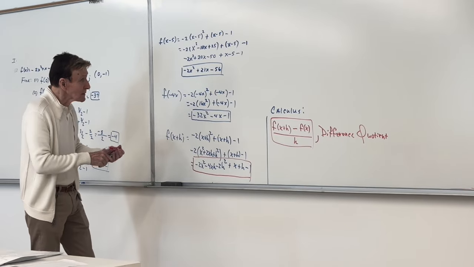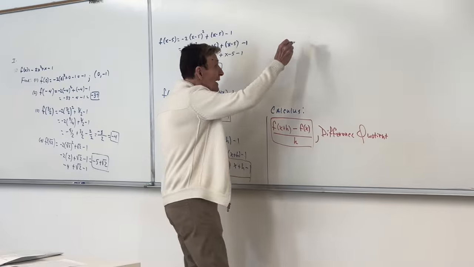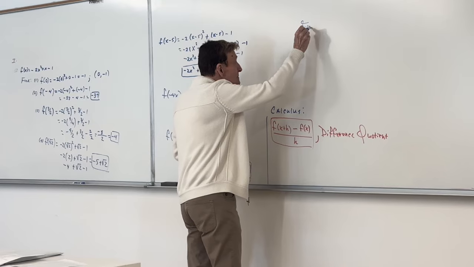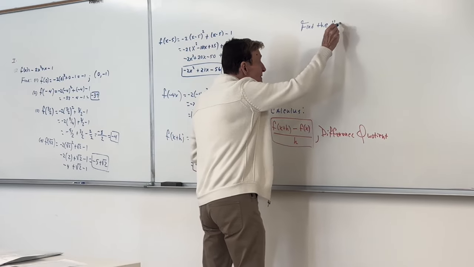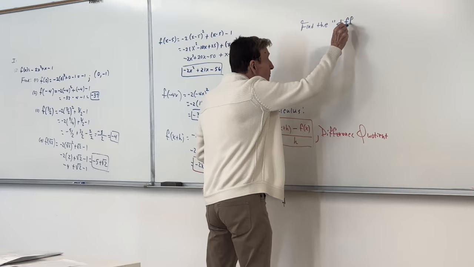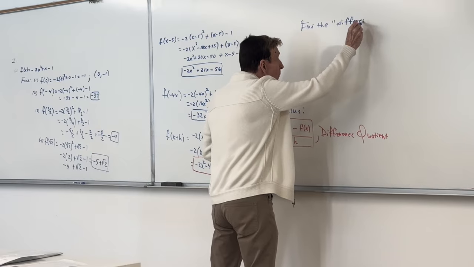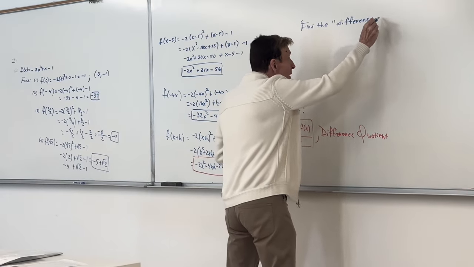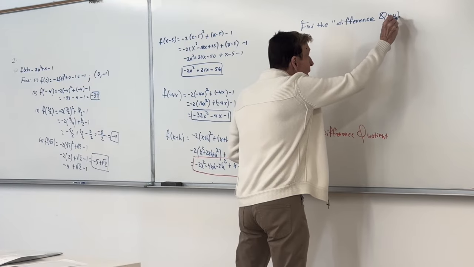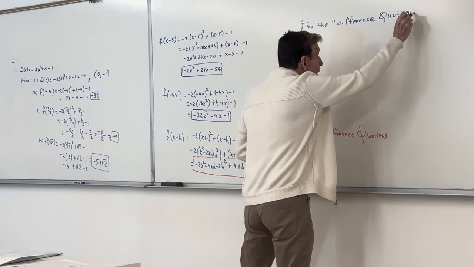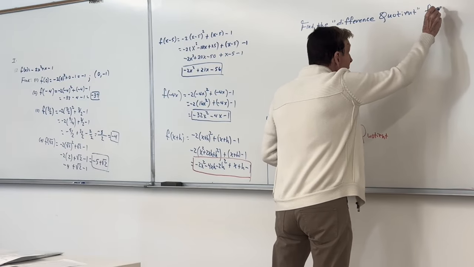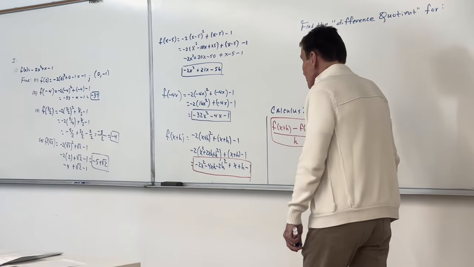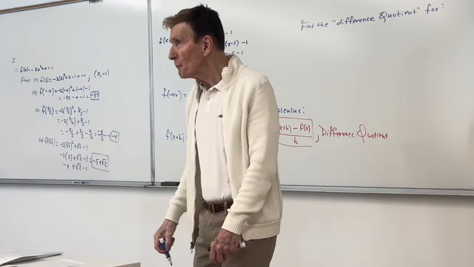Now on the side here we go. I'd like to find this, the difference quotient for, I'm going to name a few functions for you. I'm going to start out with a basic function.